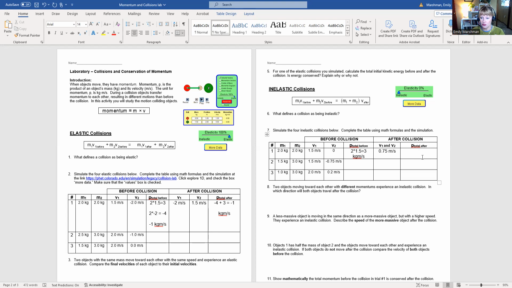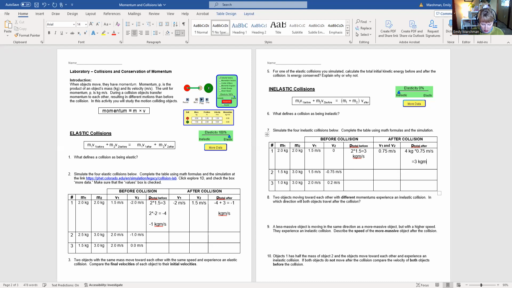So their momentum now is their total mass of both of them, which is 4 kilograms, multiplied by their velocity after, which was 0.75 meters per second. If I plug that into my calculator, I get 3 kilogram meters per second, which is the same as the momentum before. It was 3 kilogram meters per second before, it's 3 kilogram meters per second after. So it matches, that's what we expect.